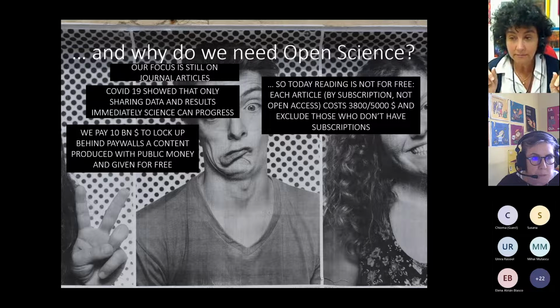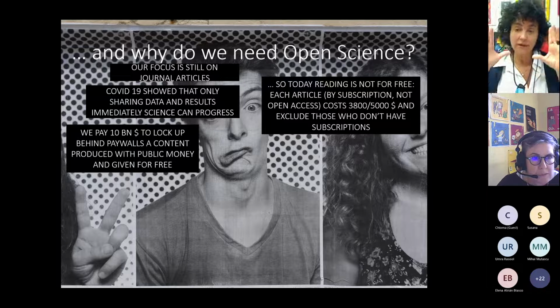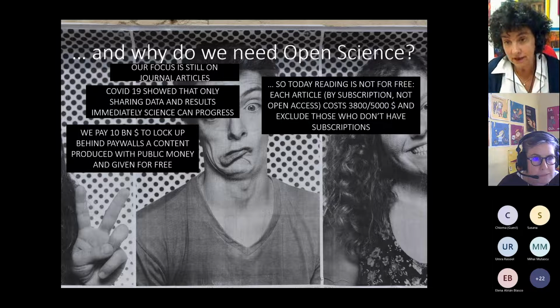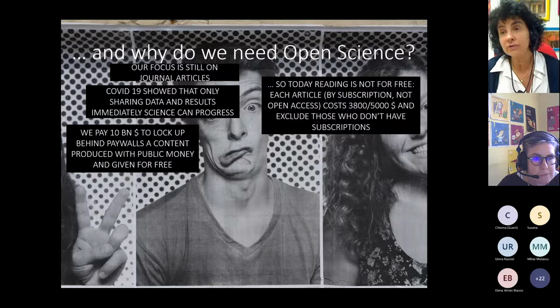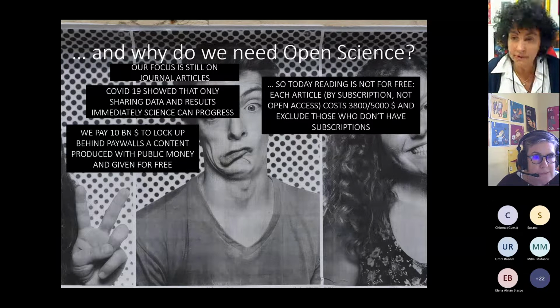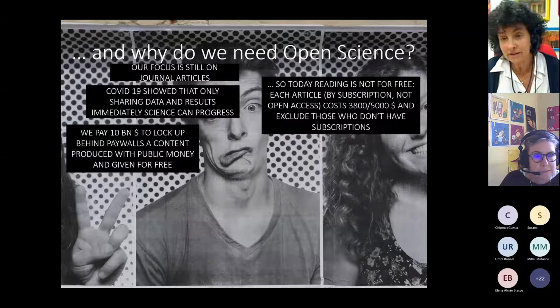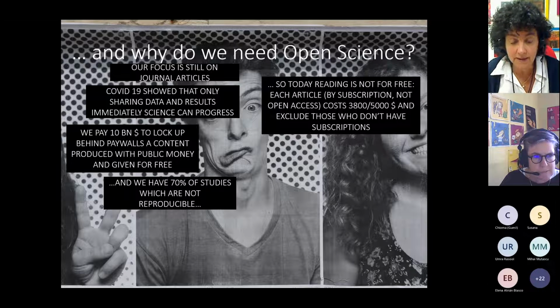I'm simply dividing the amount we pay for subscriptions by the number of published articles. So today reading is not for free, and that's to prevent a common misunderstanding of researchers. They say, today reading is for free, why should I pay to publish? The simple thing is, today reading is not for free. We pay a huge amount of money.